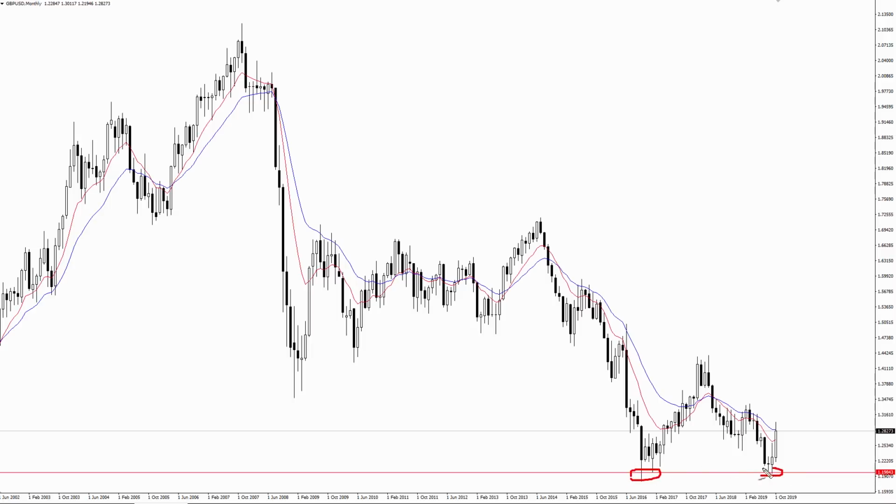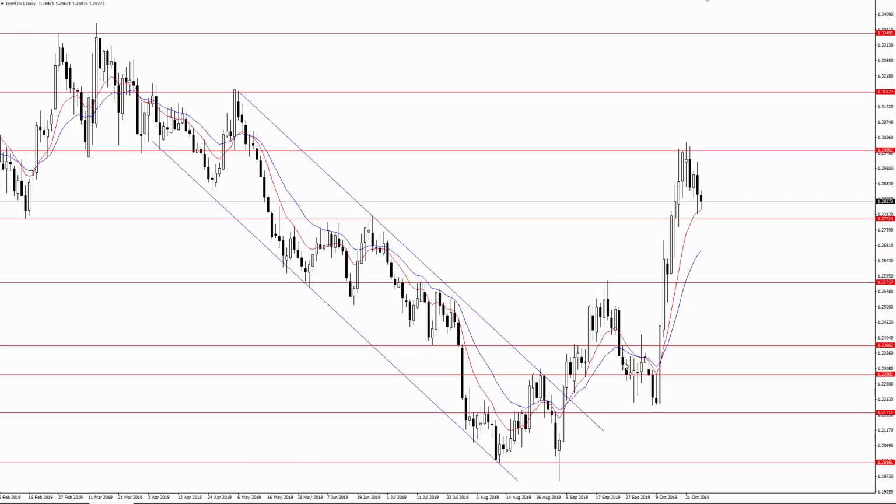So I do think that sellers need to be really careful, and any retracement, as aggressive as one might be, I do think you have to be careful here as long as the pair is starting to carve higher lows and higher highs. All right, so as long as this potential double bottom is intact and the pair is carving higher lows and higher highs based on this daily time frame, I do think that bears need to be careful trying to short the British pound.